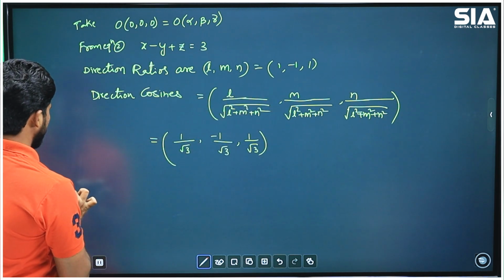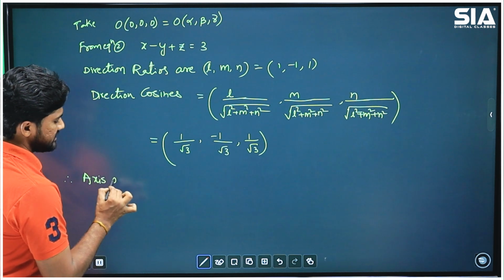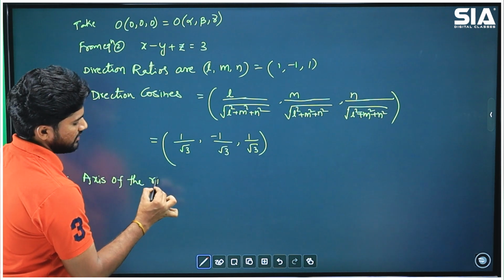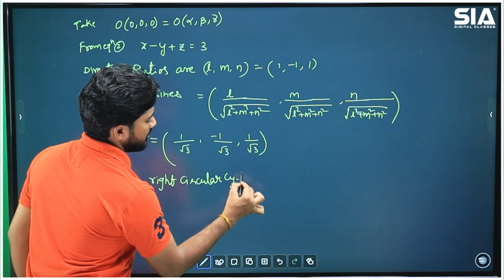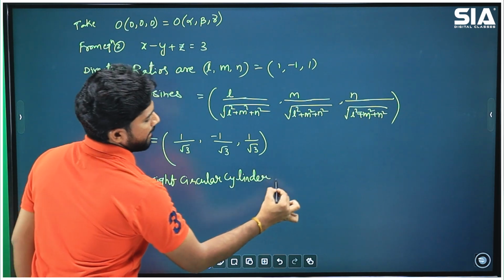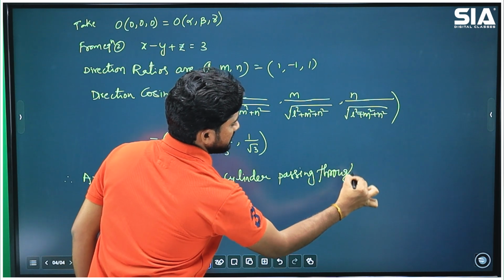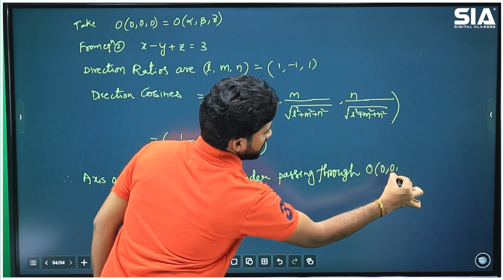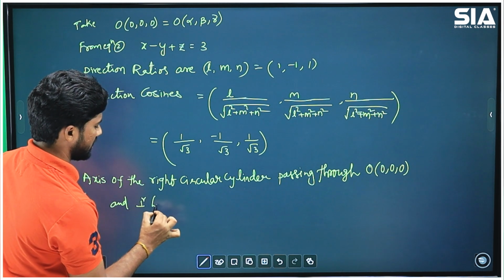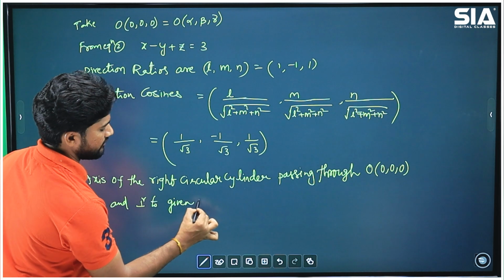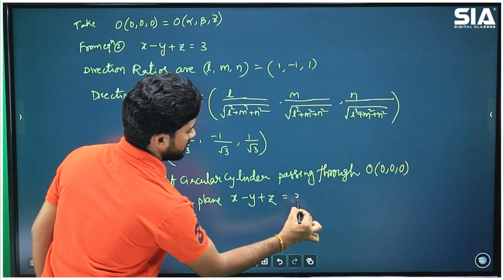Now with the help of them, the axis of the right circular cylinder passing through the origin O 0, 0, 0 and perpendicular to the given plane. What is the given plane? x minus y plus z is equal to 3.